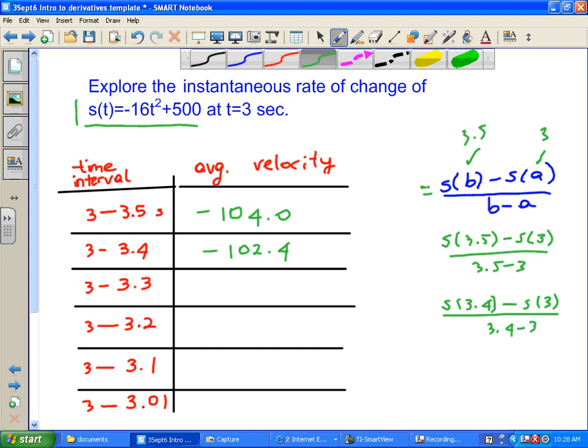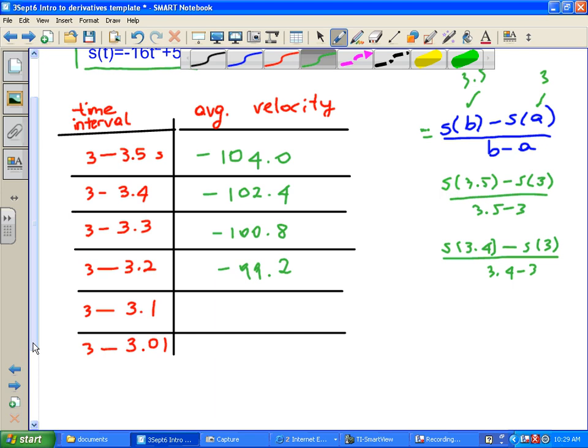Okay, the next group. Christine, what did you get? I hear negative 100.8. Would everybody in that group agree? Okay, very good. The next one. Negative 99.2. Would everybody agree there with that number? More or less? Okay, good. The next one, 3 to 3.1.